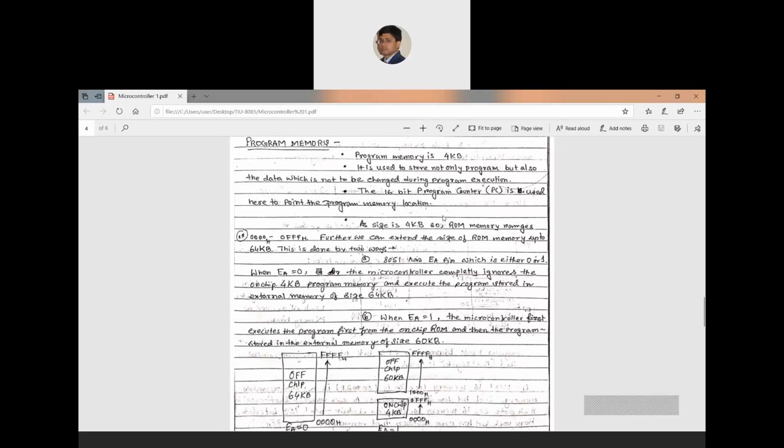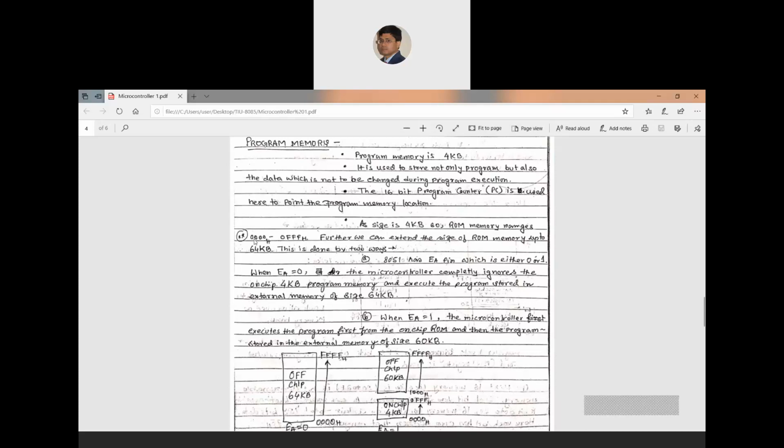You can convert that 4 kilobytes to a power-of-2 formation, so 4 kilobytes is nothing but 2 to the power 12. So 2 to the power 12 means the range of addresses in the 4 kilobytes is as given.